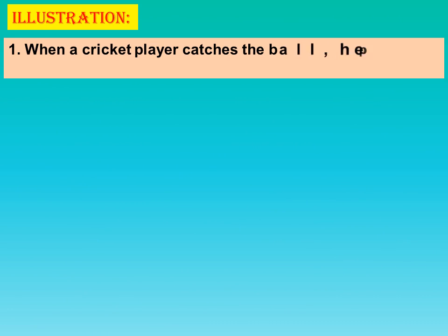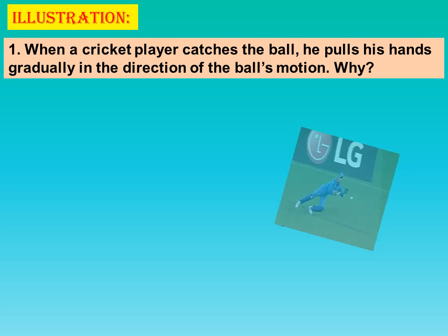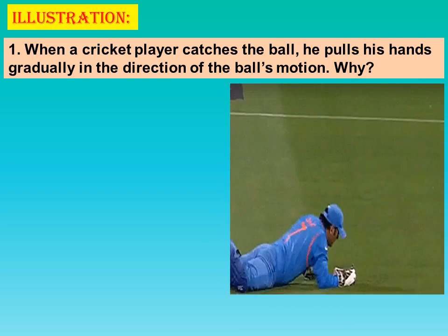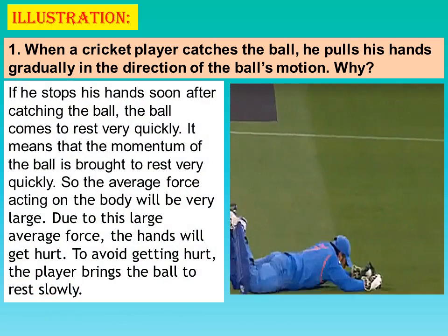Let's have some illustrations and some basic questions about this impulse. First question: when a cricket player catches the ball, he pulls his hand gradually in the direction of the ball's motion. Why? This question arises even from cricketers and from normal people. Let me answer this question.